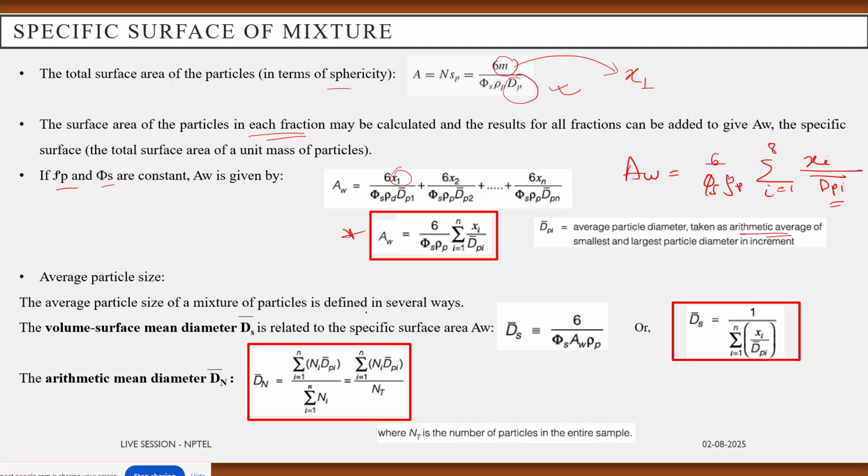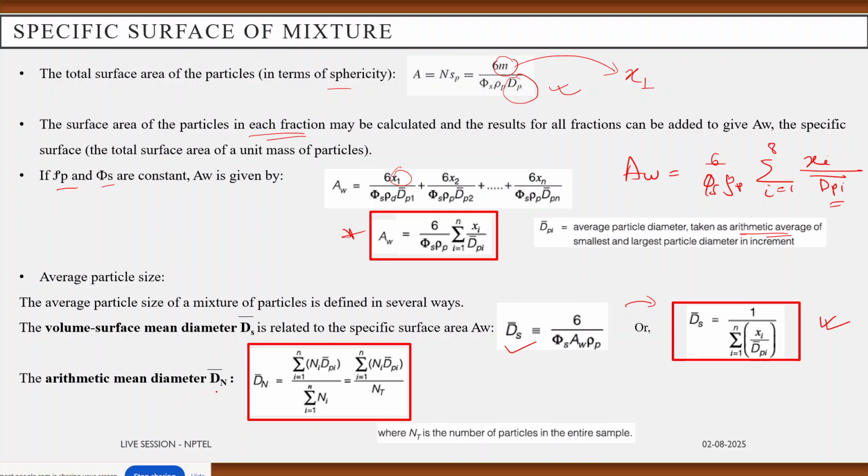Obviously, it is related to the specific surface area that we discussed just now. So from this equation and this equation, we get this expression, and this expression can be further simplified in terms of this. You should remember this formula.